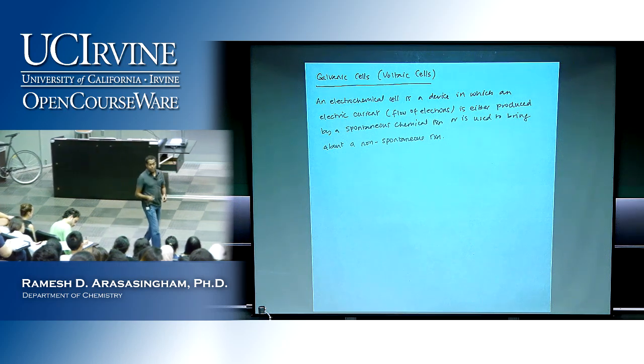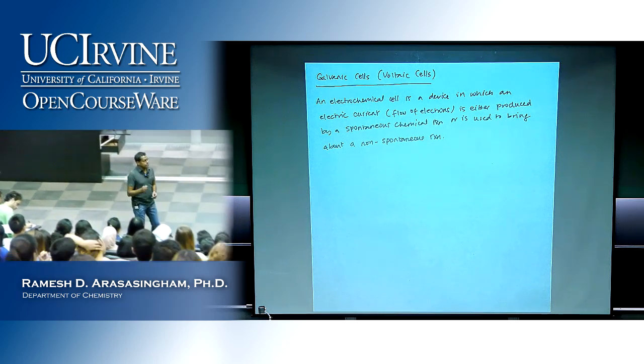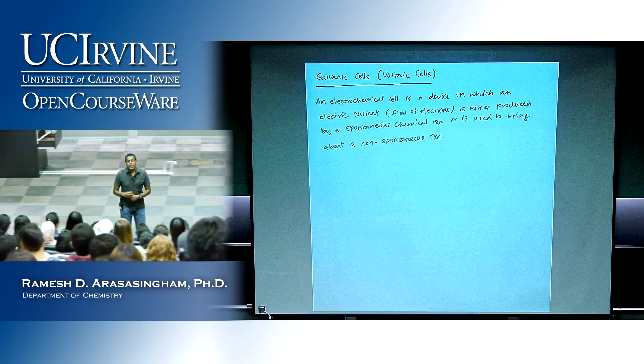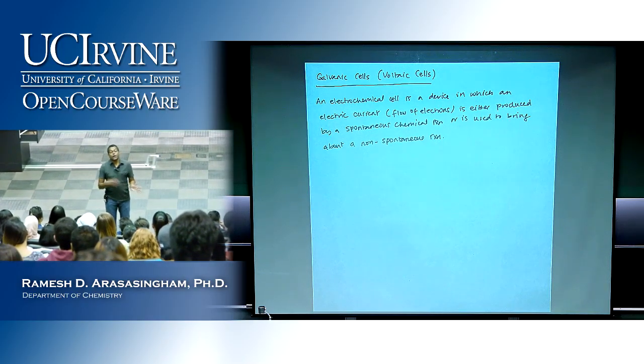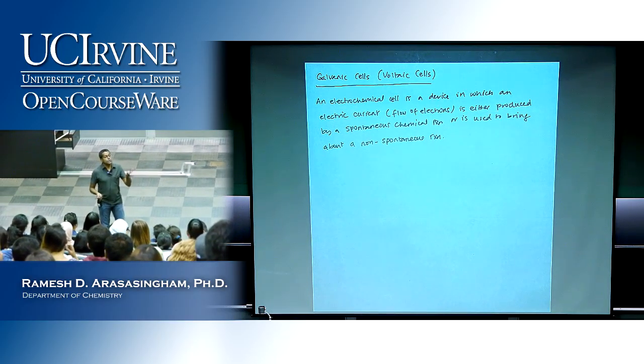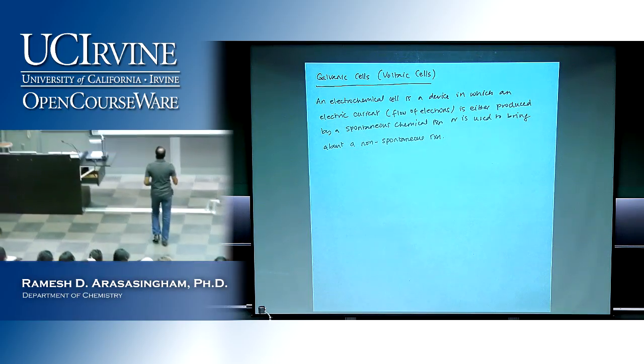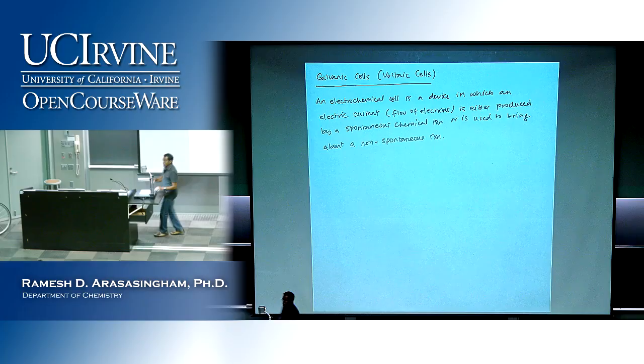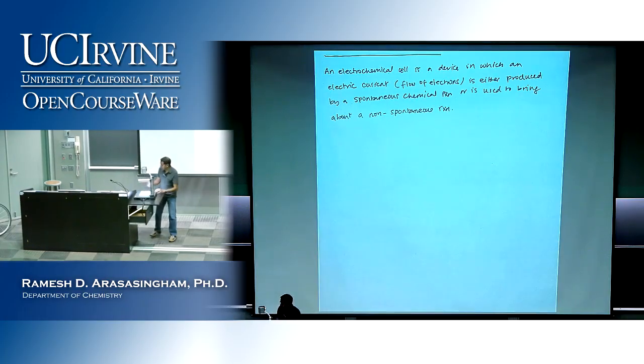So if you plug it in, into a plug, for example, that's an external source of current, and use that to drive a non-spontaneous reaction. So essentially what we're interested in looking at is spontaneous reactions and non-spontaneous reactions. All right? We're going to start by looking at those that take advantage of a spontaneous reaction. And one that takes advantage of a spontaneous reaction is called a galvanic cell.